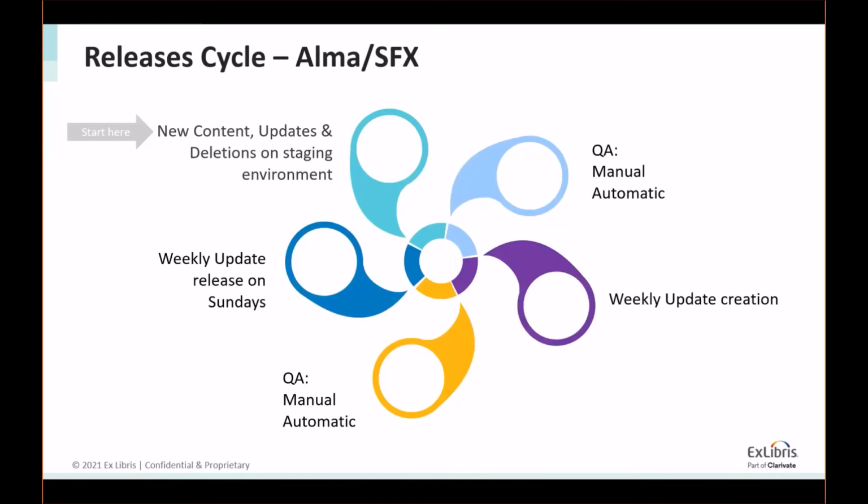If we start with the content that we ingest, which can be the new content that we described before, the updated collections or the existing collections, and also deletions for titles that are no longer part of the title lists, all these changes are loaded on the staging environment, and we check all the loaded data manually and automatically.